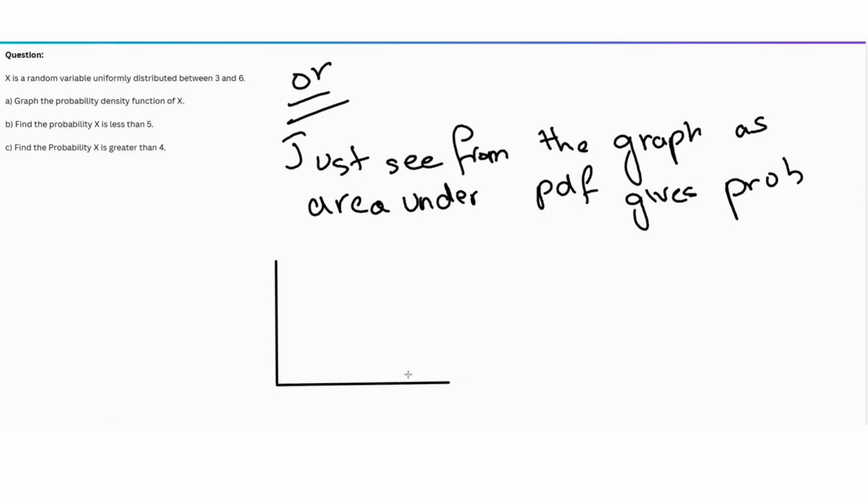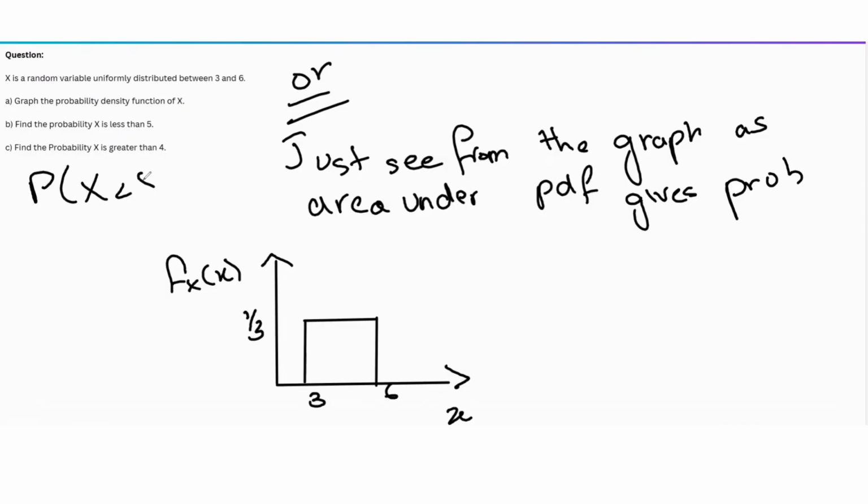What do I mean by that? Like we said, the area under the PDF gives us probability, and with a uniform random variable the PDF is just in the form of a rectangle, so it's very easy to find the area of a rectangle. You can just use the PDF diagrammatically to find this area. We know this height is 1 by 3. This is 3, this is 6. Now I want to find the probability that x is less than 5.